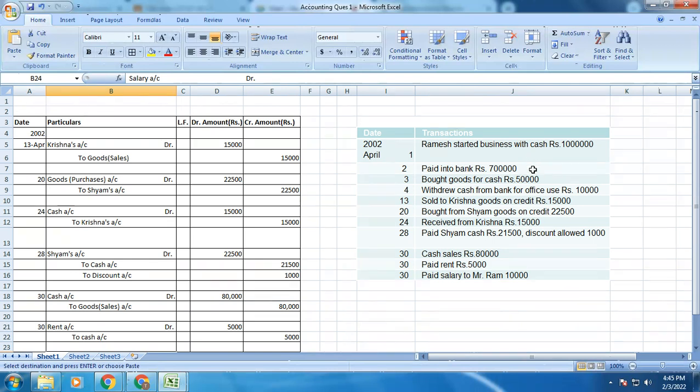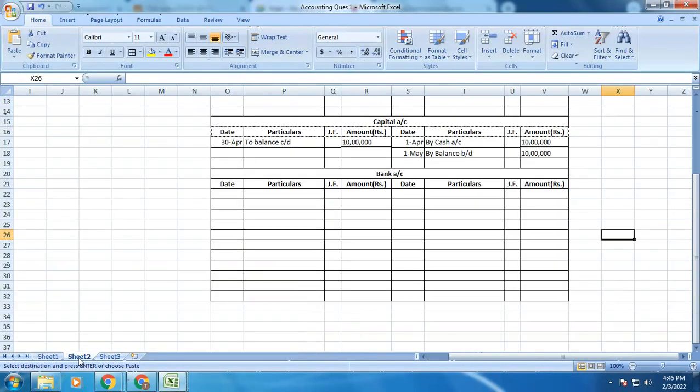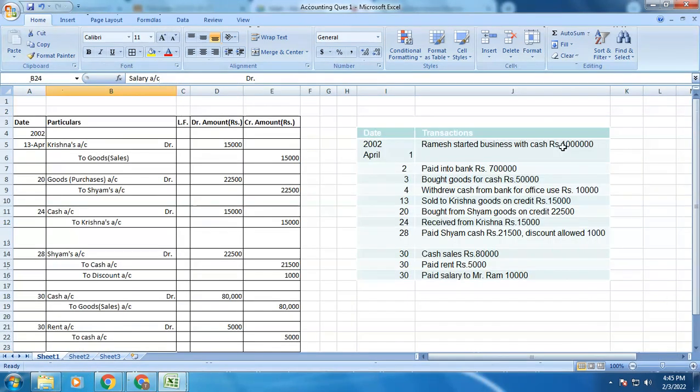Then the second one was bank account to cash, right? So bank account debited to cash account, and the amount was 7 lakh.